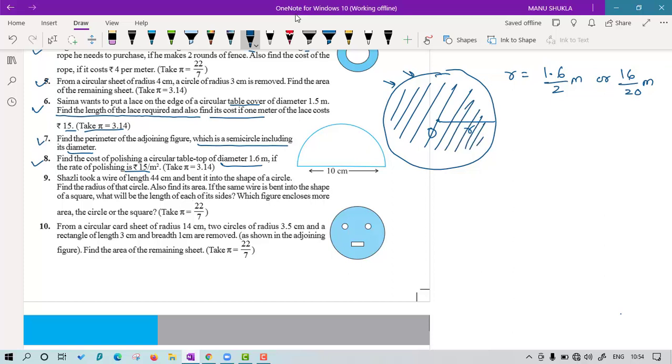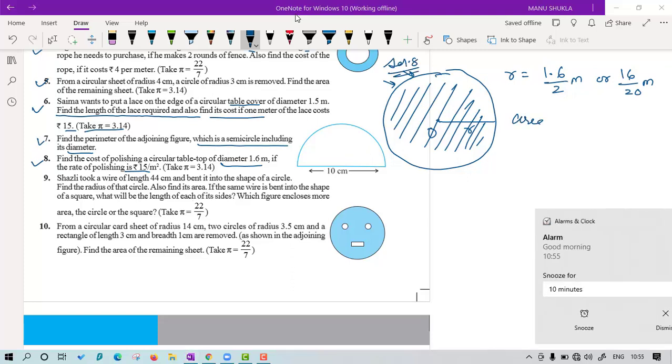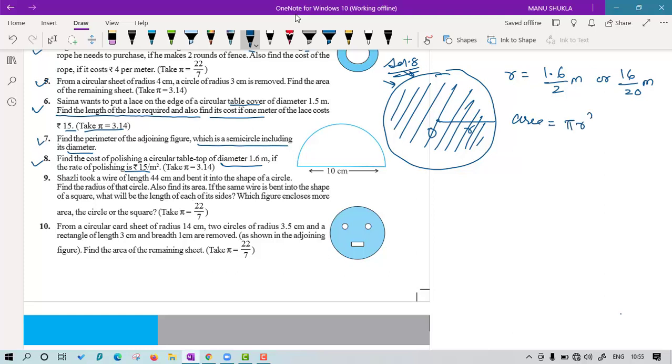So let's find the area. It is solution number 8. So area is given by pi r square. Have they given the value of pi? Yes. They are saying take pi equal to 3.14. So 3.14 into r square, that is 16 upon 20 into 16 upon 20. Now solve it. 4 5s are 20, 4 4s are 16.